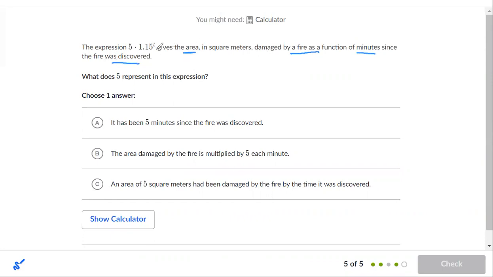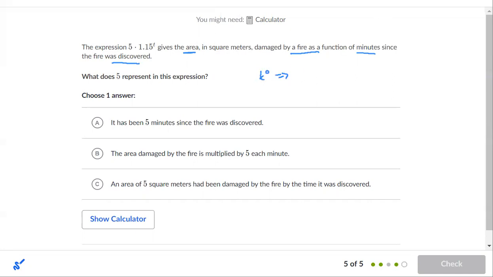So let's say t is 0. If t is 0, 1.15 to the 0 is just 1, and 5 times 1 is 5. So when the fire just started, the area will be just 5 square meters.